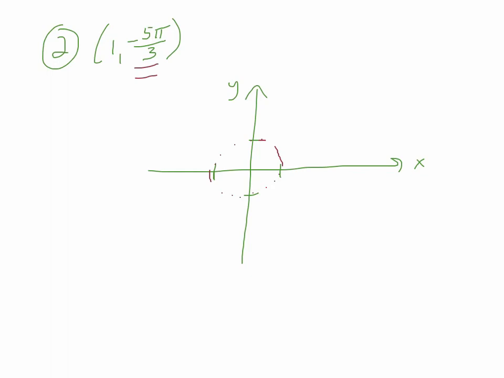Negative 5 pi over 3 is equivalent to negative 300 degrees. Just to be careful, recall that when you have a negative angle, we rotate clockwise, so this angle will end up landing in the first quadrant. So the point would lie approximately there in the first quadrant.